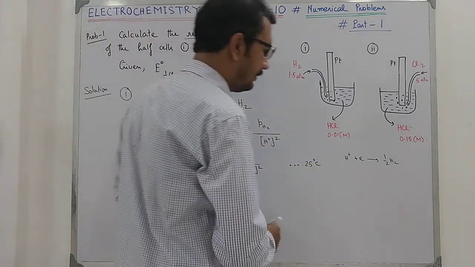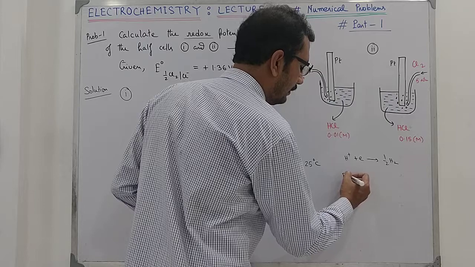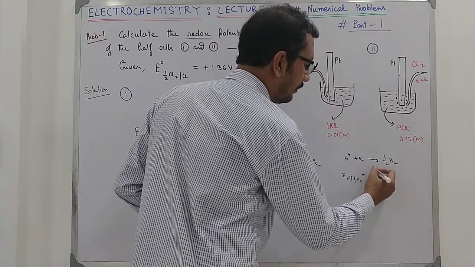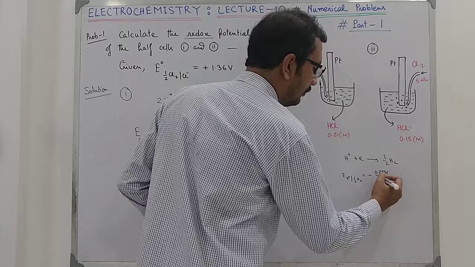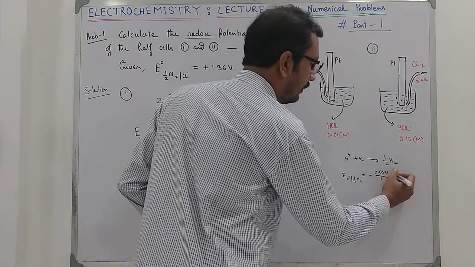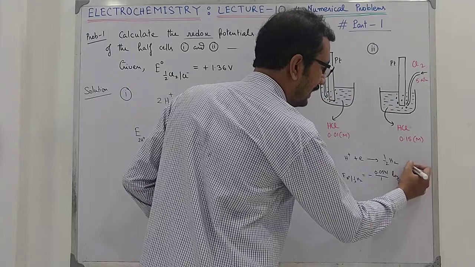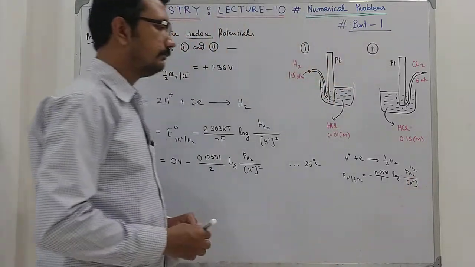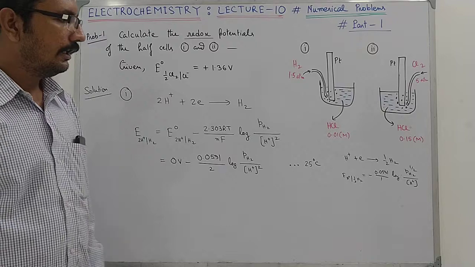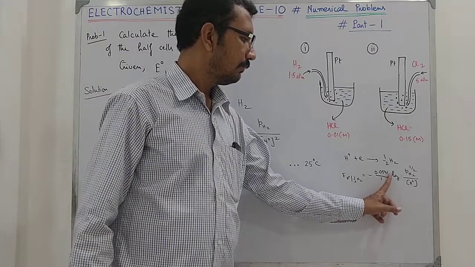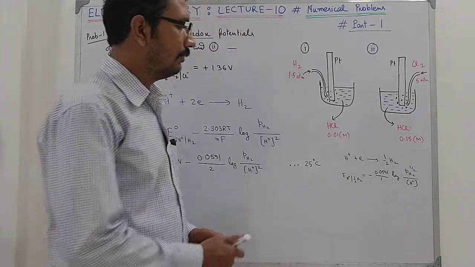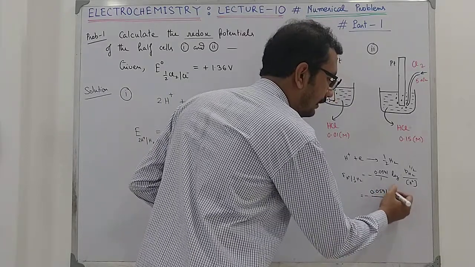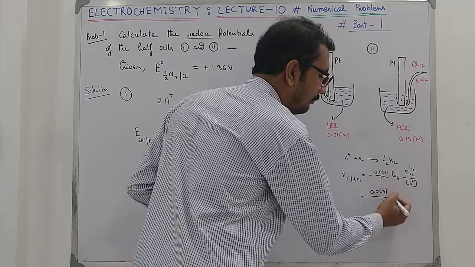Since if you write in this format, your Nernst equation will look like E of H plus, half H2 equals 0 minus 0.0591 by 1, since there is a single electron transfer, and here it will be log of pH2 to the power half by the H plus concentration. Now if we multiply by 2 and divide by 2, there will be another 2 in the numerator.